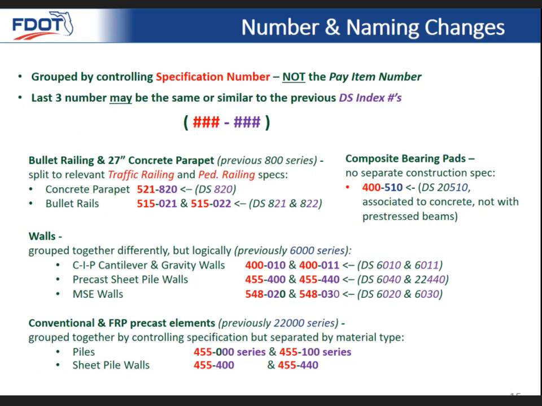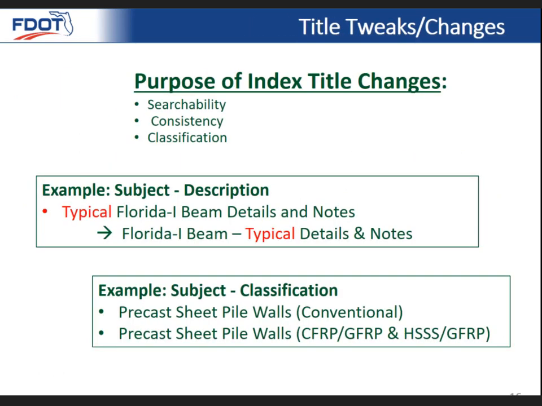Well, once again, to be consistent with the specification governing those indexes, those are now grouped together under 455, and the separation is achieved by the unique numbering series at the end. So the FRP piles are under the 455-100 series, and then sheet piles, that one was up in the air. We couldn't go up to the next 100 series, so we kept the 440, which was the 22-440 previous numbering.